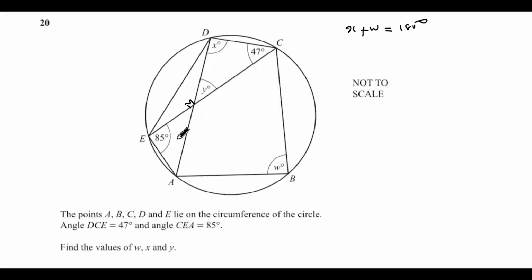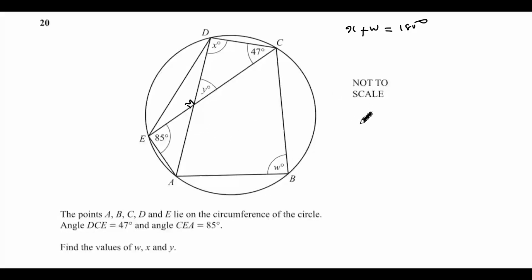The 85 degrees is inside two shapes: the first is triangle AEM, and the second is quadrilateral AECB, which is a cyclic quadrilateral. Opposite angles of a cyclic quadrilateral are supplementary, they add up to 180 degrees, and that is how to unlock this question.